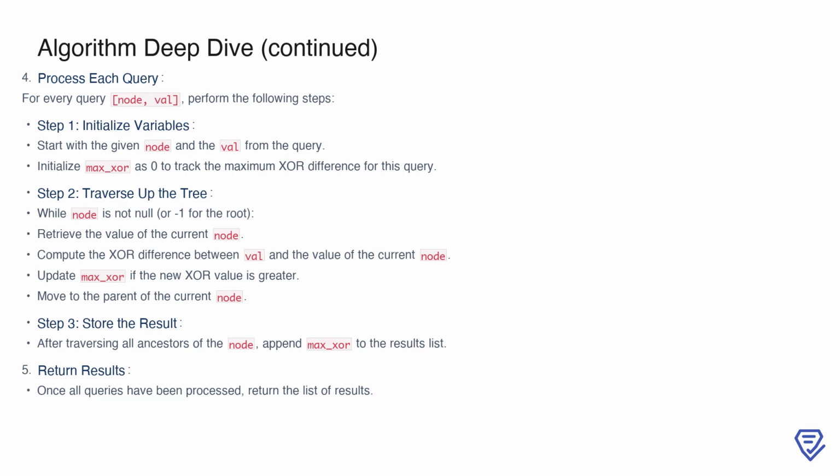At each step, we retrieve the value of the current node, compute the XOR difference between this value and val, and update max_XOR if the result is larger than the current maximum. We then move to the parent node, repeating the process until we reach the root where there are no more ancestors to consider. After completing the traversal for a query, the final max_XOR value is appended to the results list.